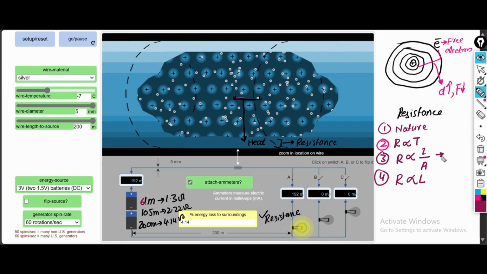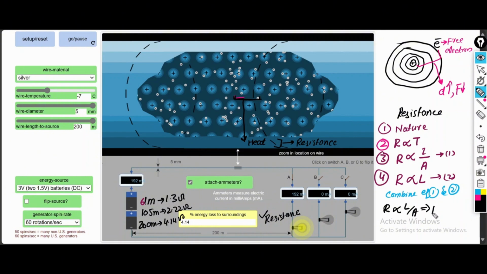So here, if we consider this is equation 1 and this is equation 2, I am going to combine equation 1 and 2. For the combination, we can write that R is directly proportional to 1 over A and this is L, so L by A. And instead of this proportionality sign, we are using a constant and equal sign.